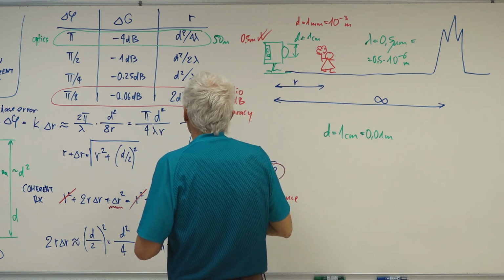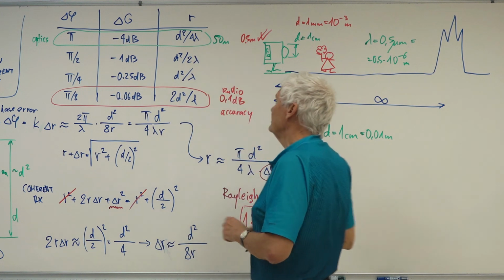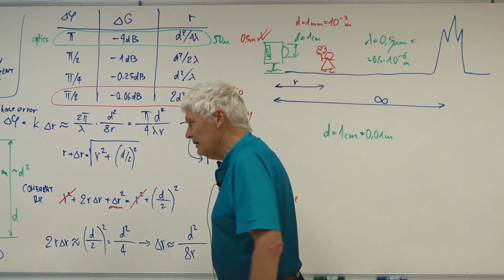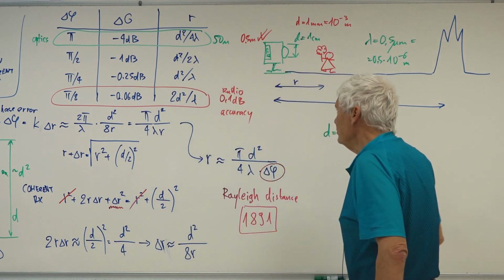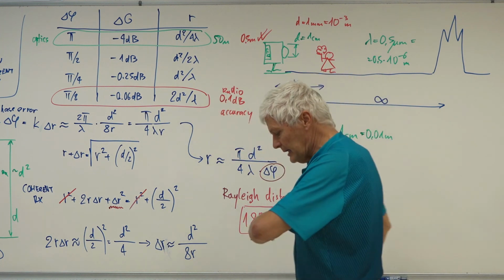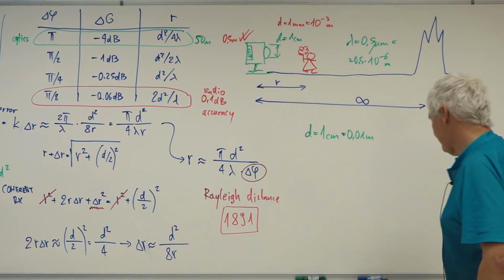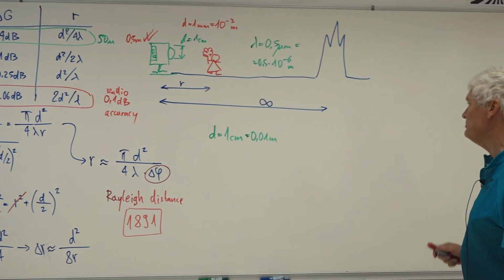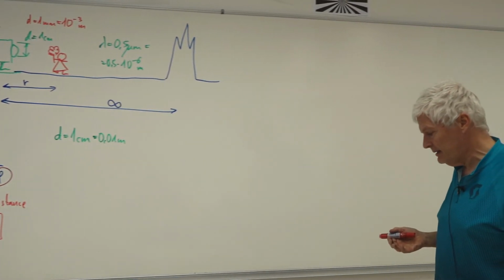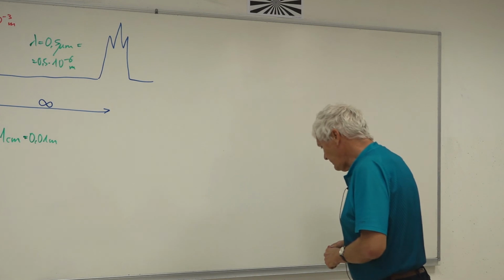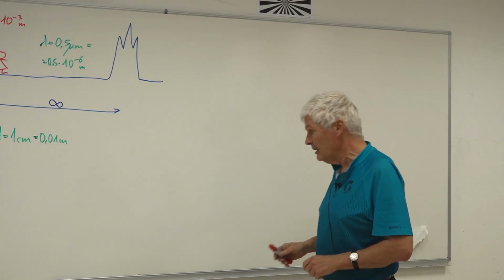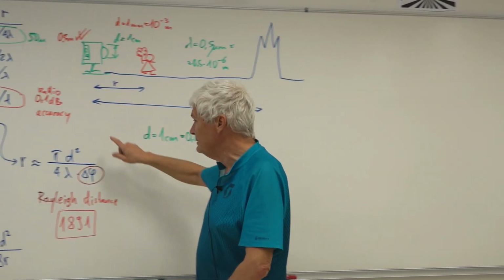We are even 8 times more demanding than in optics. So in radio, we are usually using a much larger R. We need much larger R to have some sensible accuracy of our measurements. What does this really mean in radio?